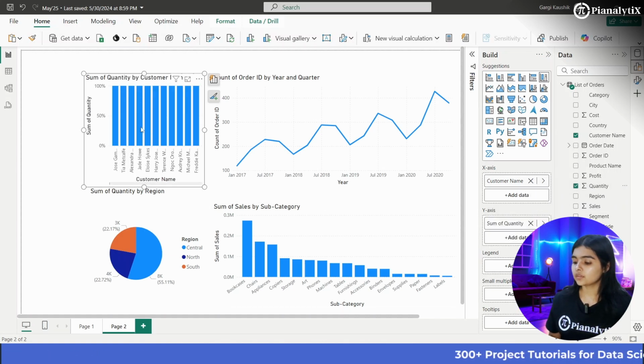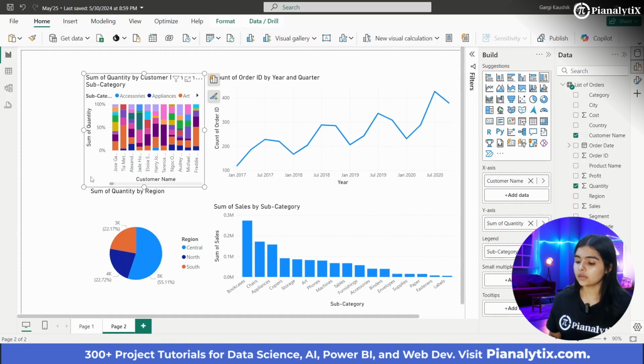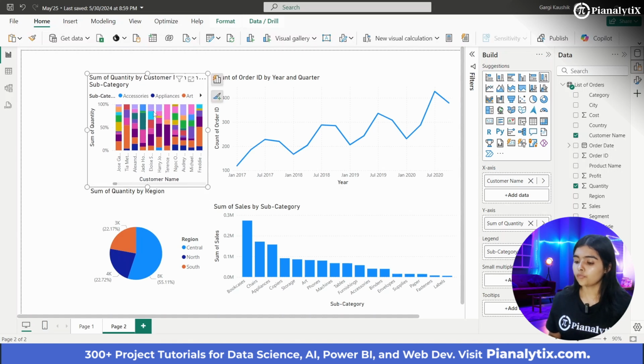So this gives us nothing right now, but if I put subcategory in the legend here, now I can clearly see from their total purchase which category accounted for what amount of their total purchase in this stacked column chart here.